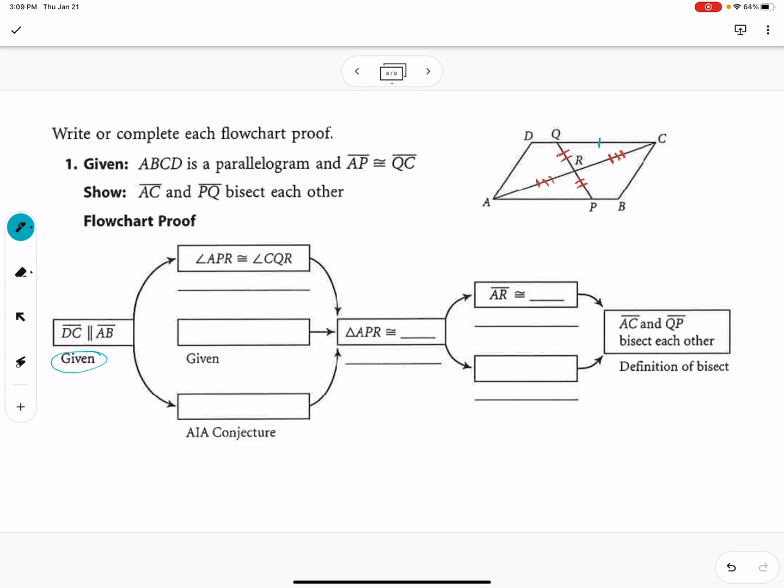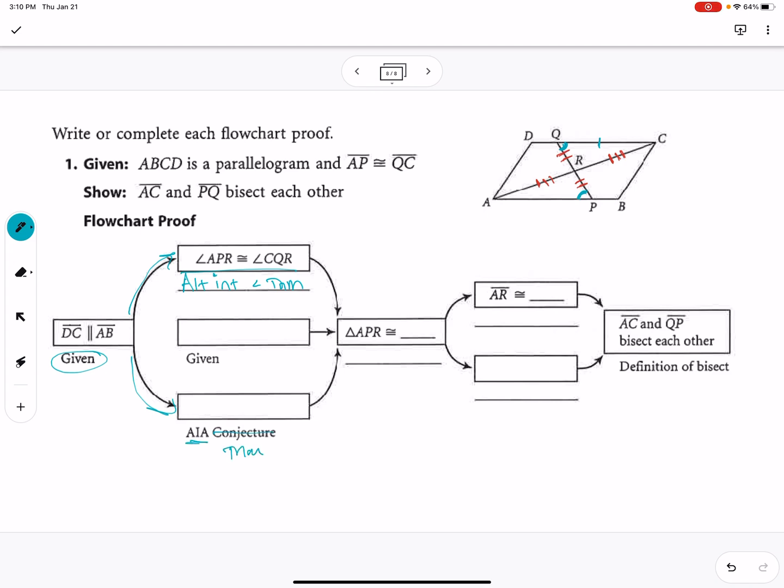So therefore, since these lines, DC and AB, are parallel, this information is saying APR, this angle here, is congruent to CQR, this angle here. And that would just be the alternate interior angles theorem.